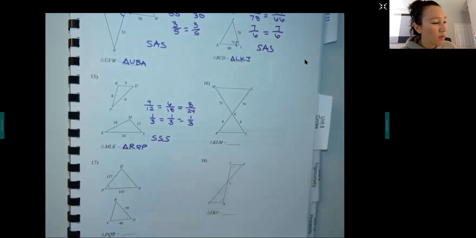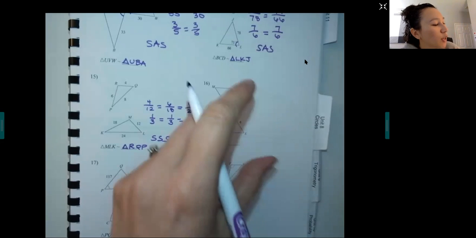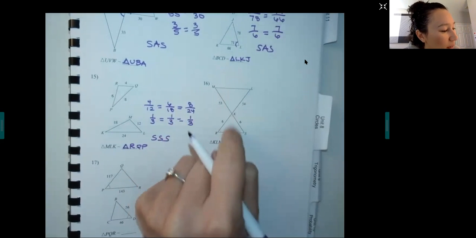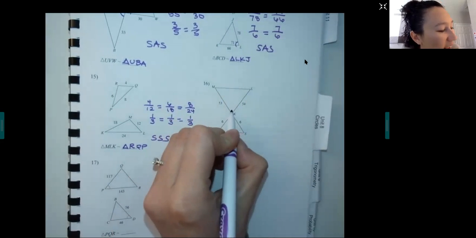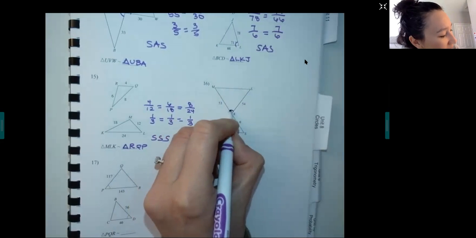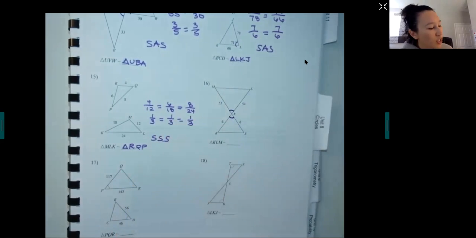Perfect. Okay, and then do you want me to help you with 16? I could try. I don't know if it was side-side-side or side-angle-side. That was the only problem I had. So they didn't give us all 3 sides, so it can't be side-side-side. But they did give us this angle, so they share that angle.